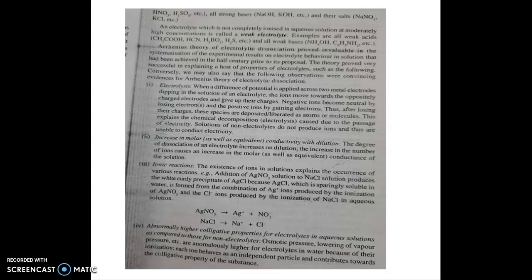For example, if we prepare a solution of silver nitrate together with sodium chloride, what will happen? AgCl will precipitate out. That AgCl precipitating out is due to the dissociation of silver nitrate as silver plus ions and nitrate ions, and NaCl as Na plus and Cl minus ions.